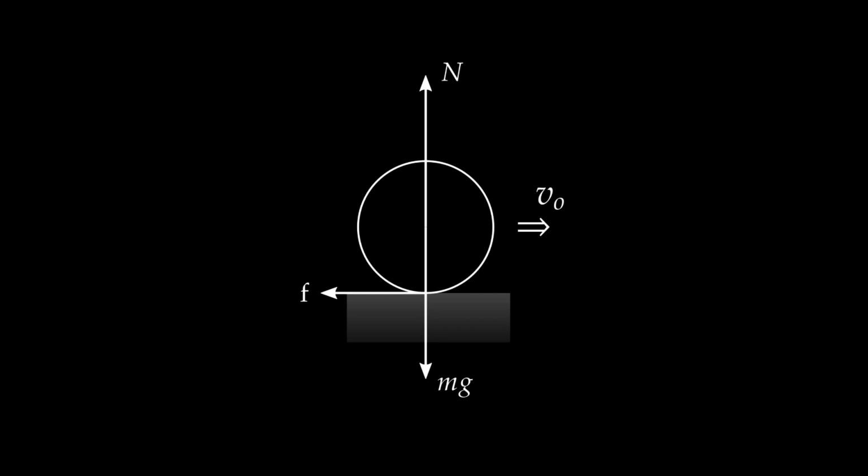And the translational velocity of the bowling ball starts at some initial value and decreases until the translational velocity and the tangential velocity of the bowling ball are equal. Because when they become equal, the relative velocity between the surface and the surface of the bowling ball is 0. And then I'm rolling without slipping. So what I'm going to do is write down very carefully these conditions and solve.